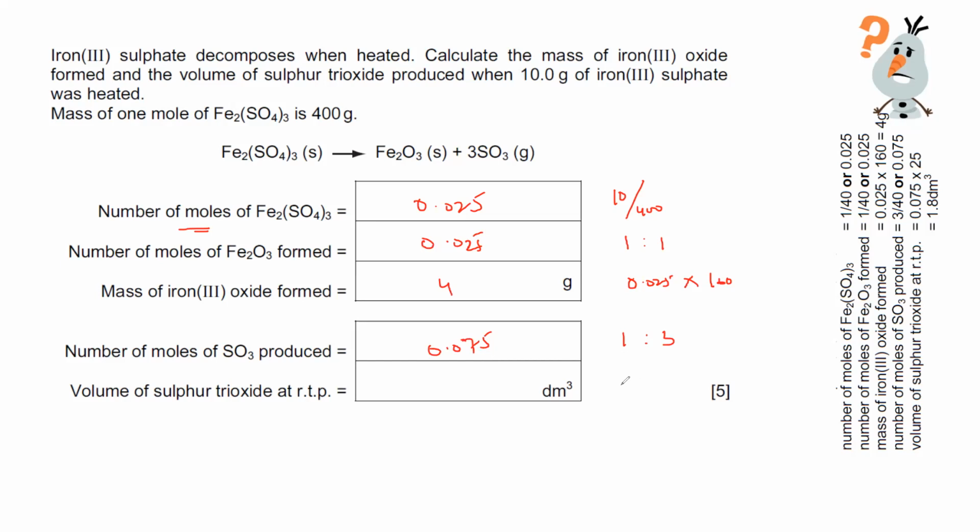And to get the volume, 0.075 multiplied by 24, your answer will be 1.8 decimeter cube.